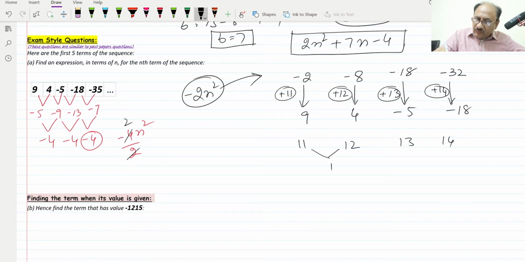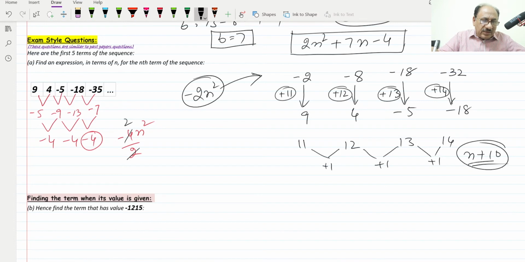If we check the differences, this is plus 1, this is also plus 1, and this one also plus 1. So this is basically an arithmetic sequence. So we can write this as n plus 10 for this one. Hopefully you understood how I got n plus 10.